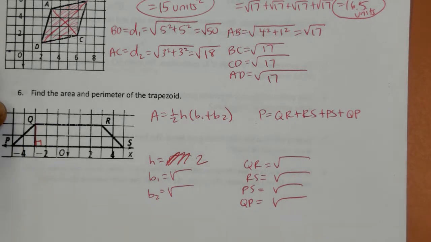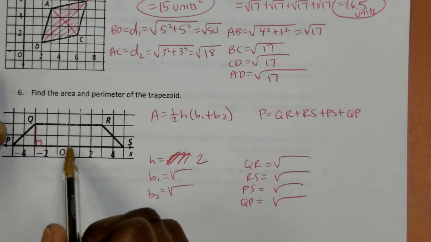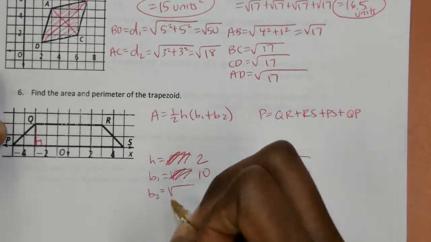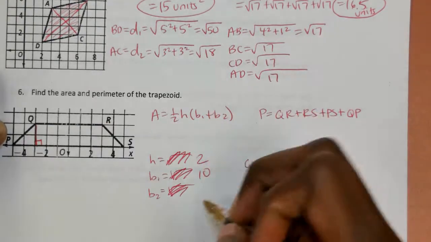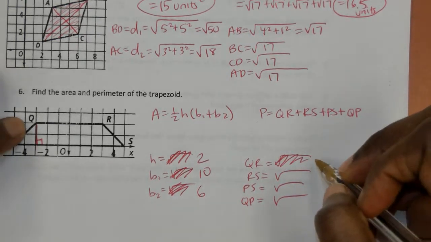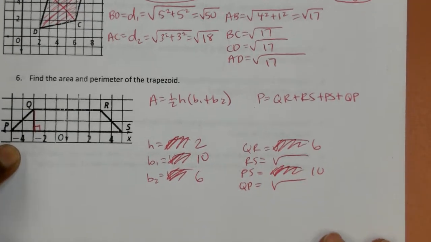I can travel horizontally and vertically, so I don't have to do any a squared and b squared with a horizontal or a vertical line. Base 2 is also horizontal, and it's 6. Base 2 happens to be QR, and base 1 happens to be PS. So those don't have a square root involved in it.